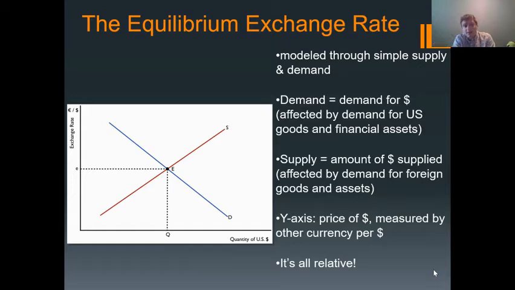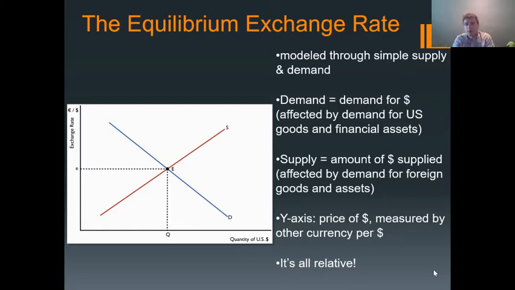The supply in here is determined by the demand for foreign goods and assets. So if you want to buy more European-made products, the supply of dollars in this would increase because you are now supplying those dollars to purchase euros.